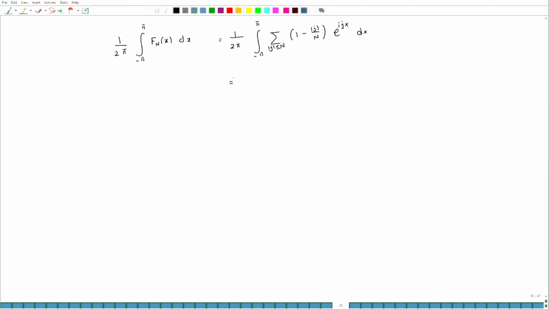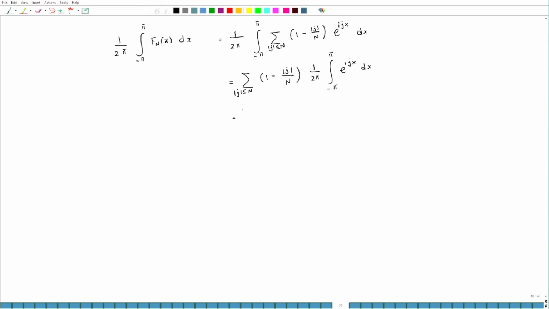Now, this is a finite sum. So, we can pull this sum out of the integral, then this is going to be the sum over mod j lesser equal to n of 1 minus mod j by n, then 1 by 2 pi integral from minus pi to pi of e to the power i j x dx.